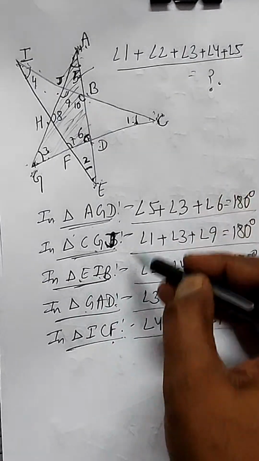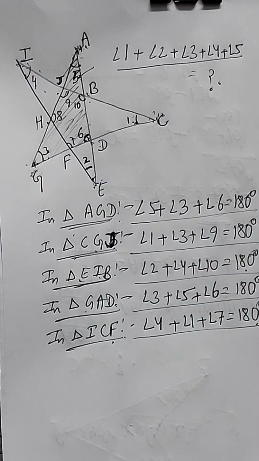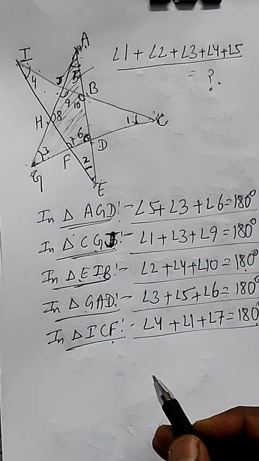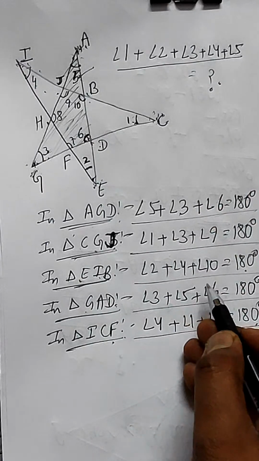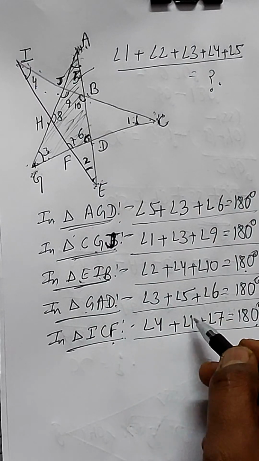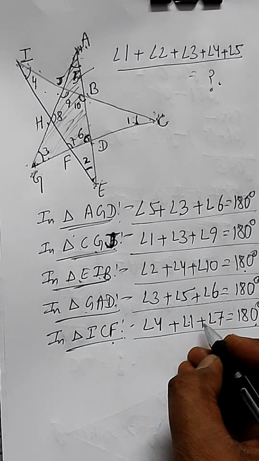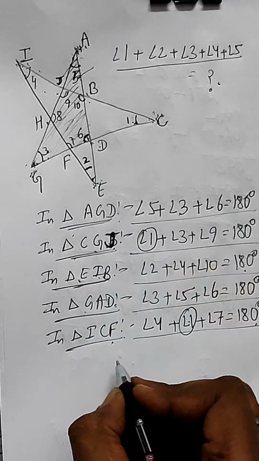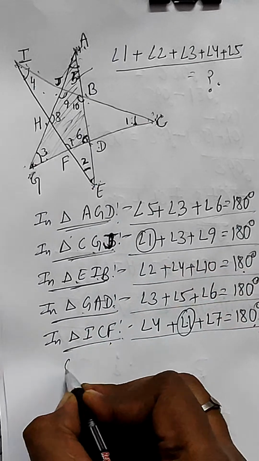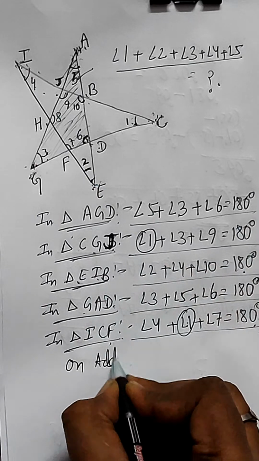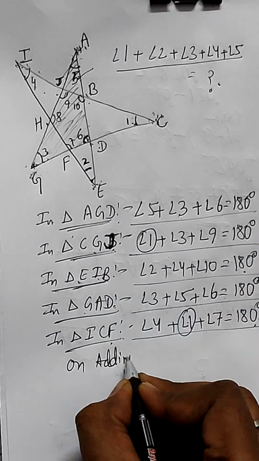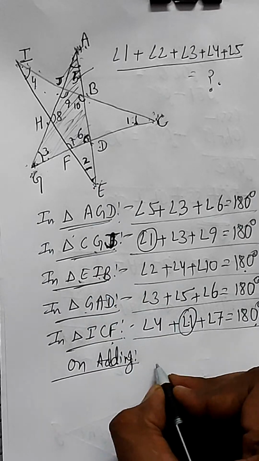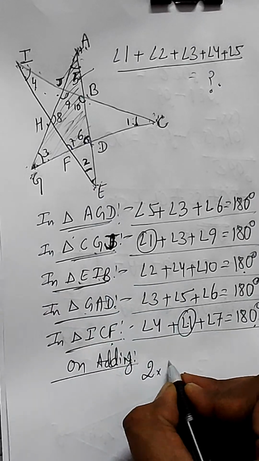Now just add up all the values over here. You can see 1 is coming 2 times. Here 1, 1. So on adding, what we will get? 2 times angle 1.